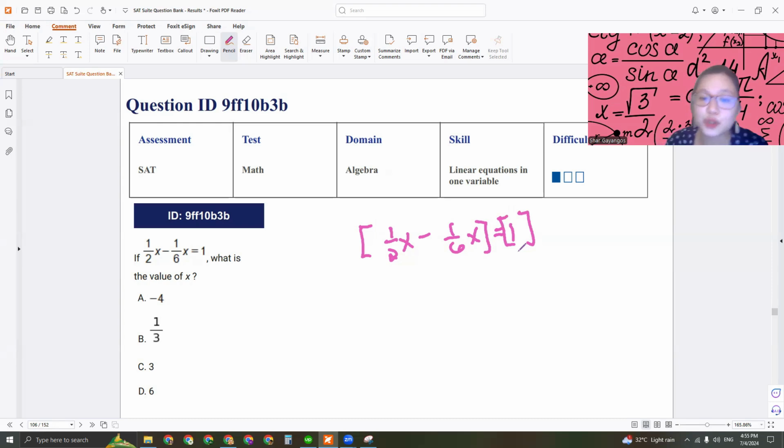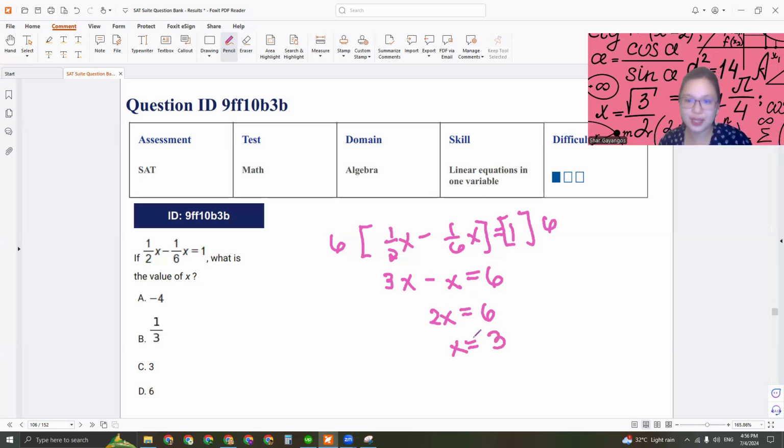For this case, since 2 is a multiple of 6, I can just use 6, right? Multiply both sides by 6. What does this give us? 3x. Because if you divide 6 by 3 times 1, that's why we have 3x here. 6 times 1, 6. That's just 1. So you have x is equal to 6. Simplify, and that gives us 2x is equal to 6, and then x is equal to 3.